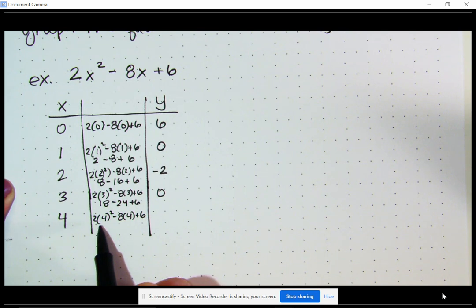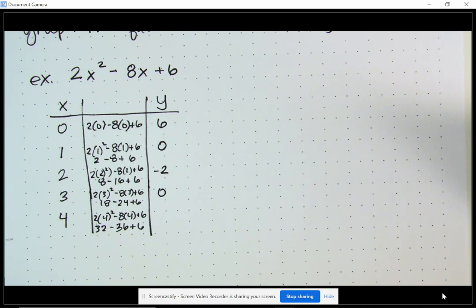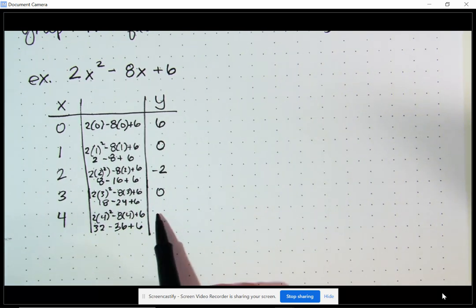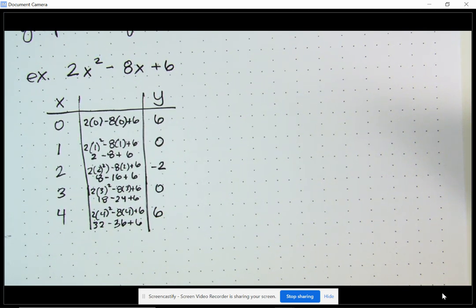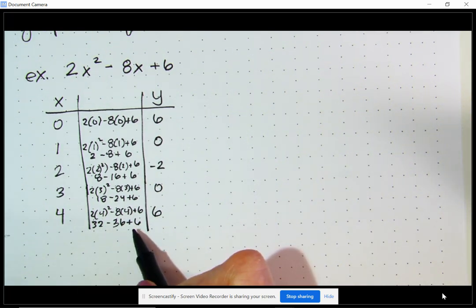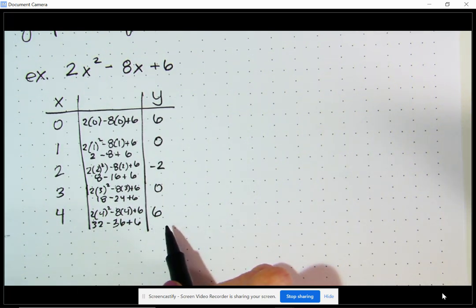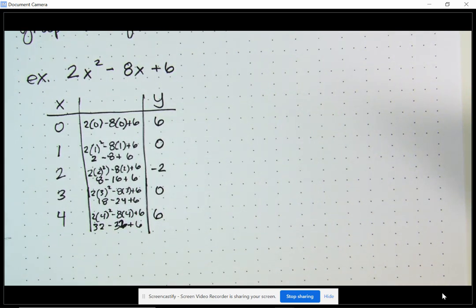And if you are working this along with me, you'll notice that we start having a mirror image here, right? Eight times 4 is not 36, sorry.